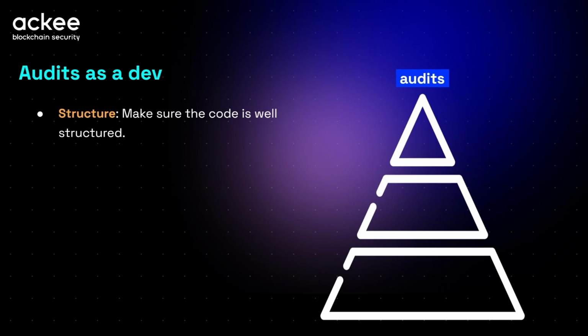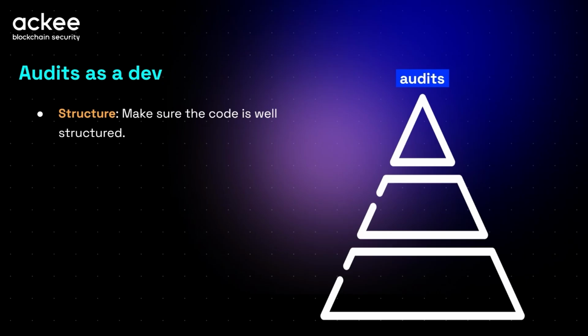So what is important? The first thing important is the structure. This is important from a lot of points, not only from the point of the audit, but if you make the code well structured, firstly, it can help you better navigate in your application. You may even better understand the smart contract. The second part is from the auditor's perspective: when the structure is clear and the code is well structured, we can understand the smart contract faster.